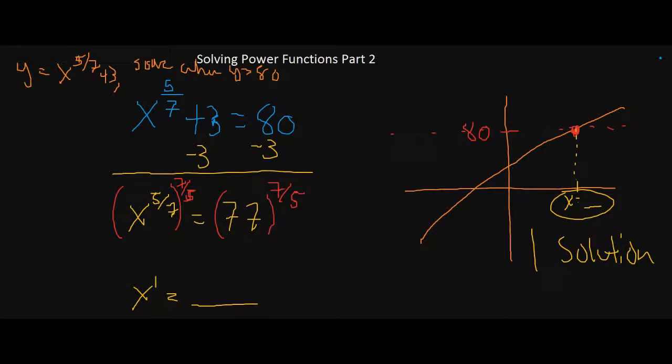Now, if you notice, all I did was raise to the reciprocal of the exponent in the problem. If you think about it, 5 divided by 7 times 7 divided by 5, the 7 divided by 7 is 1, and 5 divided by 5 is 1. So these cancel out, and we get x to the 1.